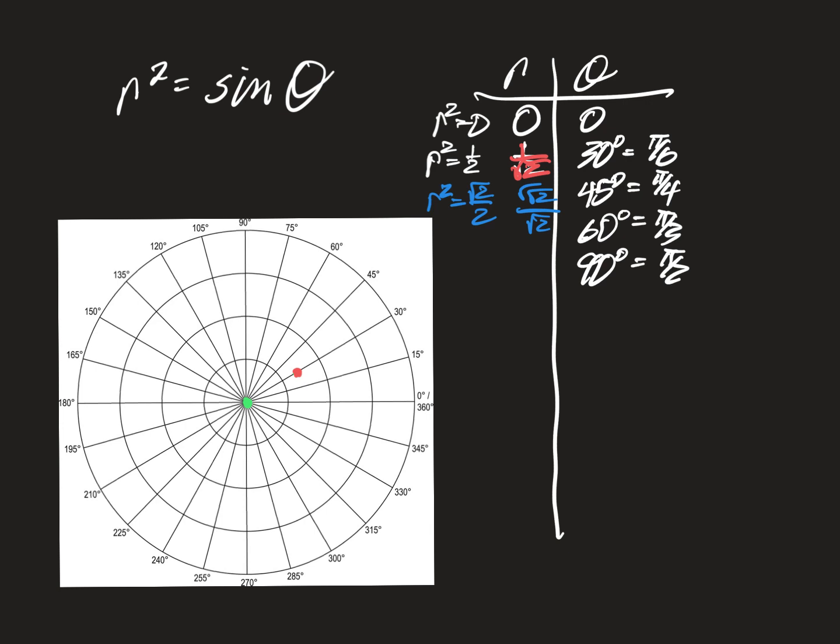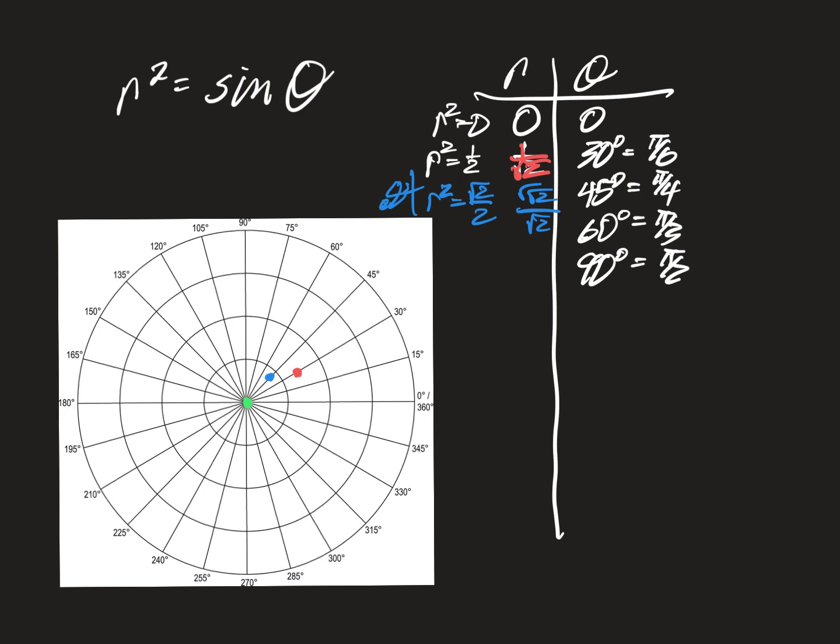All right? And I ended up getting 0.84. All right? And so if I plotted that point on the pi over 4, I would go about 0.85. I would put it there, okay?